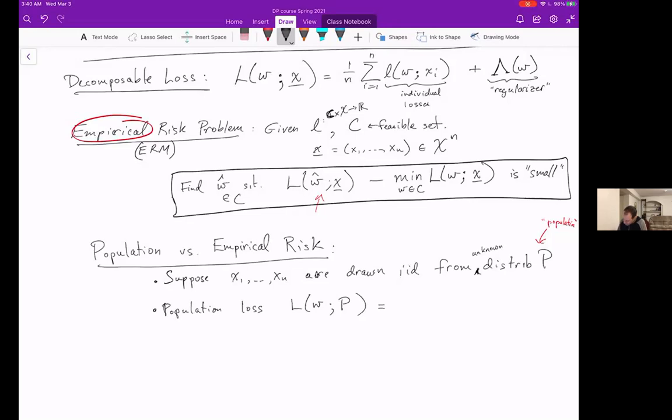I can think of this as the loss I would expect for W if I were to get a fresh sample X prime drawn from P, and I were to evaluate the loss on X prime. So this population loss is defined with respect to this unknown distribution. That's different from defining it with respect to the data, which is what we did up here.